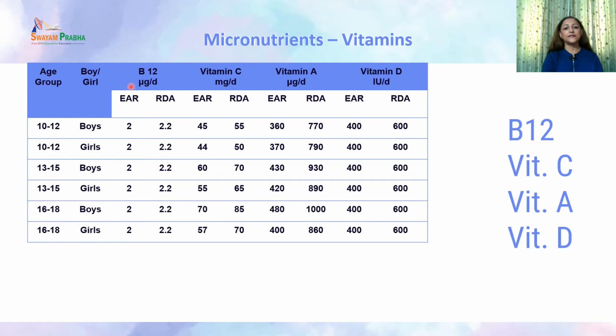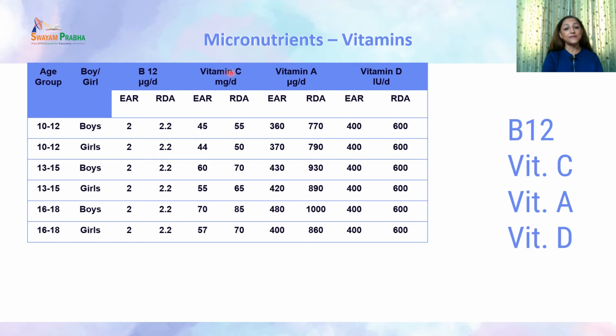These are the recommendations for vitamin B12, that is cyanocobalamin, and for 10 to 12-year-old to 16 to 18-year-old, it is same. The estimated average requirement is 2 micrograms and an RDA is 2.2 micrograms.